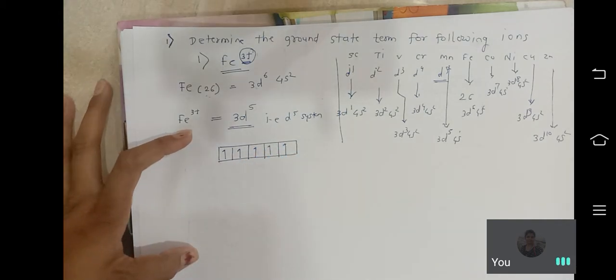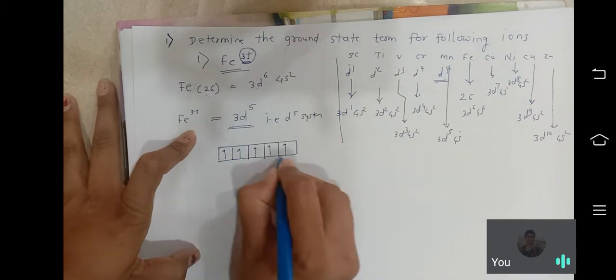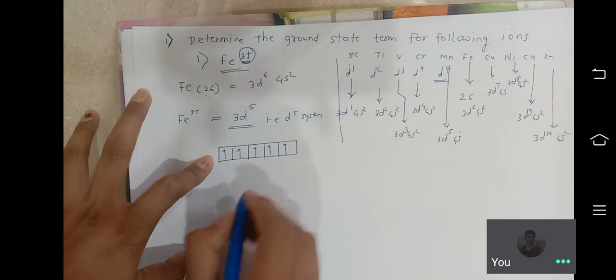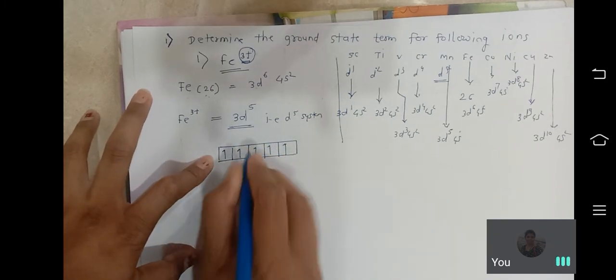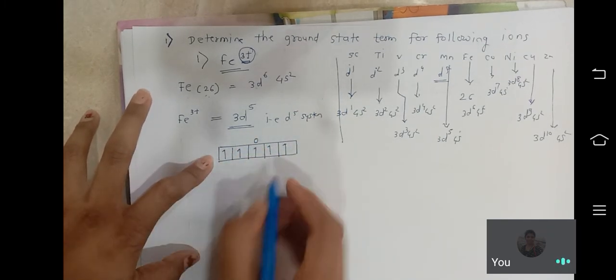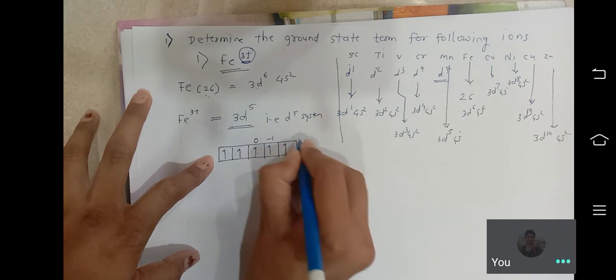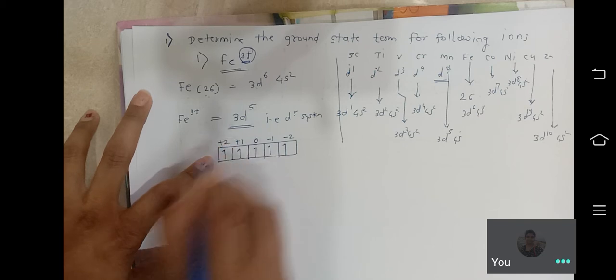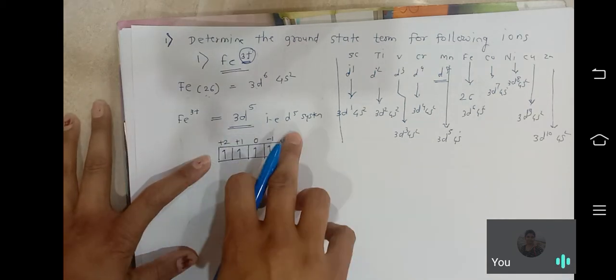Okay, so here 5 electrons are present. You have to give the values of l, that means at the center you write 0, -1, -2, +1, +2. Okay, these are the values of l.